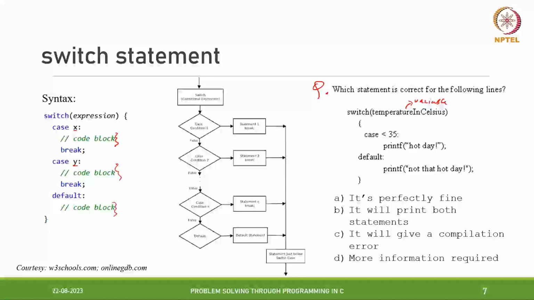It's B, sir. It will print both statements. Why do you think so? Because for the case less than 35, there is no break. Okay, but I think it will give a compilation error. Could you think of a reason why?